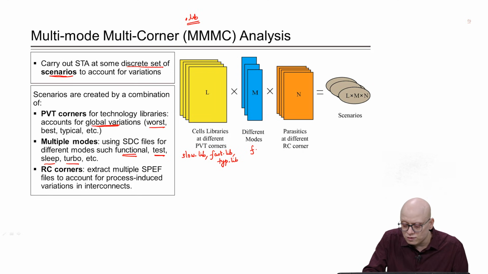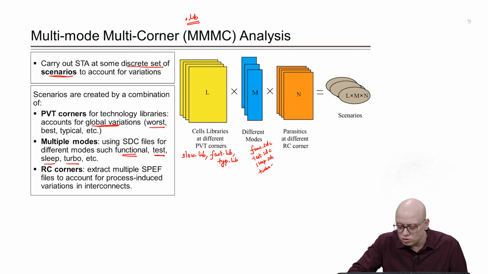So, we will have func.sdc for functional mode, then we have, say, test.sdc for the test mode, and then sleep.sdc for the sleep mode, and turbo.sdc for the turbo mode.